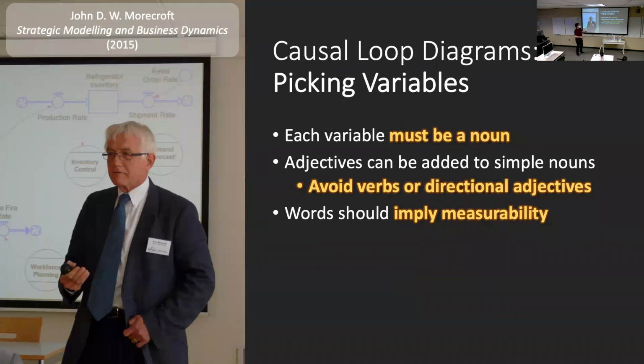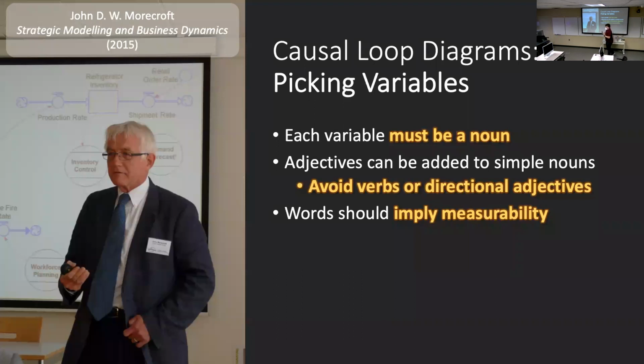And when you're choosing these words for your variables, you want to give it some impression of measurability. And we'll have some examples of that coming up next here, where even if there isn't an obvious measure, there is a theoretical measure you could imagine creating as some index. What I like to actually tell people is sortability. Is there a way that I could quantifiably sort these things, even if I can't quite put a number on them?